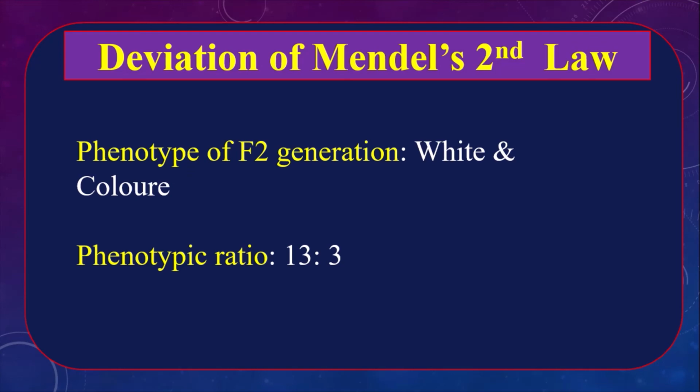C gene was expressed only when capital I was absent. Where capital I is present, it inhibits the expression of the color of capital C. I produces a particular type of enzyme that is responsible for the color inhibition of gene capital C. As a result, the phenotypic ratio became 13:3 instead of 9:3:3:1.